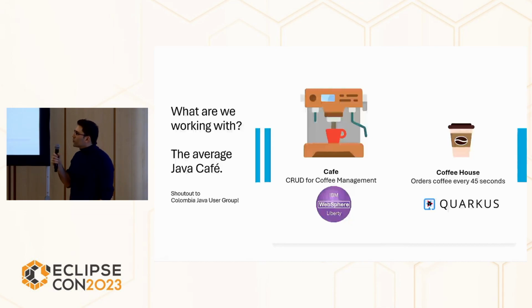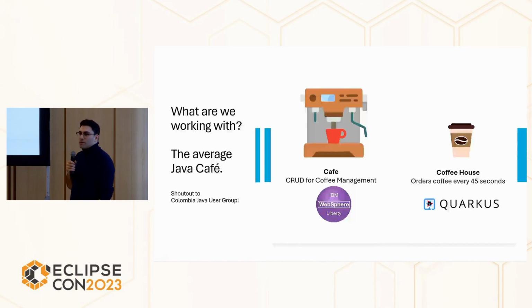Today, we're looking at the average Java cafe. Shout out to the Columbia Java user group and to Reza Rahman's repository. There are two parts of what we're going to look at today. One is the cafe, a CRUD for coffee management, so we can manage our latte macchiatos, cappuccinos, black coffee, whatever we like with the prices, based on an IBM WebSphere Liberty server.